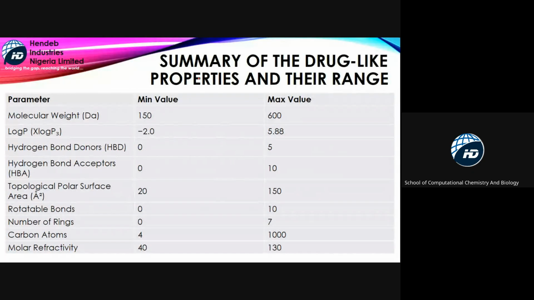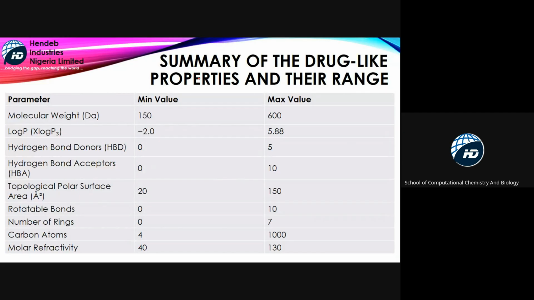The reason is that from experience, I have seen that there must be a hydrogen bond donor and there must be a hydrogen bond acceptor. And these two usually take part in one of the interactions called the conventional hydrogen bond interaction, which is a vital interaction between a receptor and a drug.